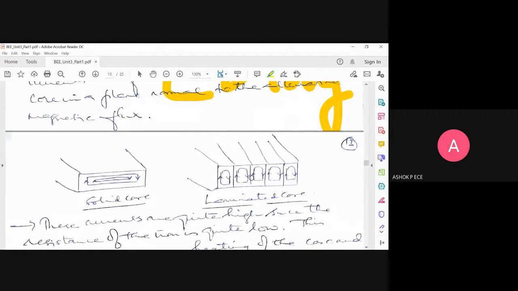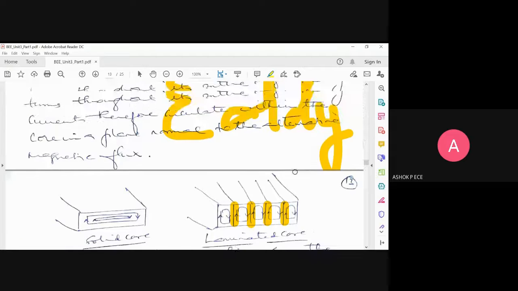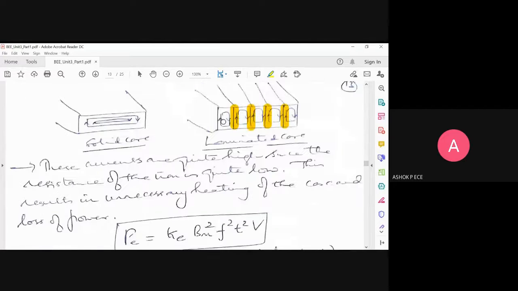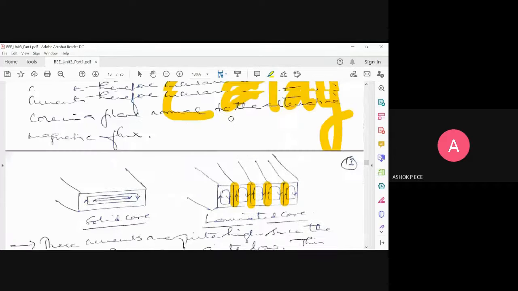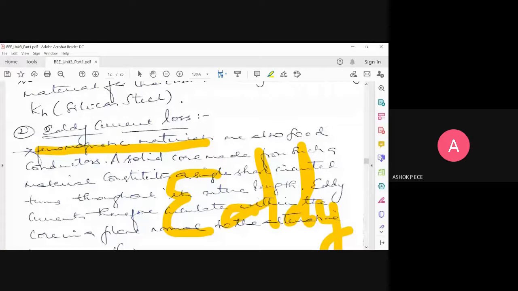But in laminated core, since you have separate sections for each core, you will be having separate eddy current flowing inside each of the sections. And this eddy current is unnecessary for us because whenever current flows inside the conductor, you will naturally have losses. It is going to produce heat. So it is going to produce unnecessary heat, and this is resulting in what is called as eddy current loss.